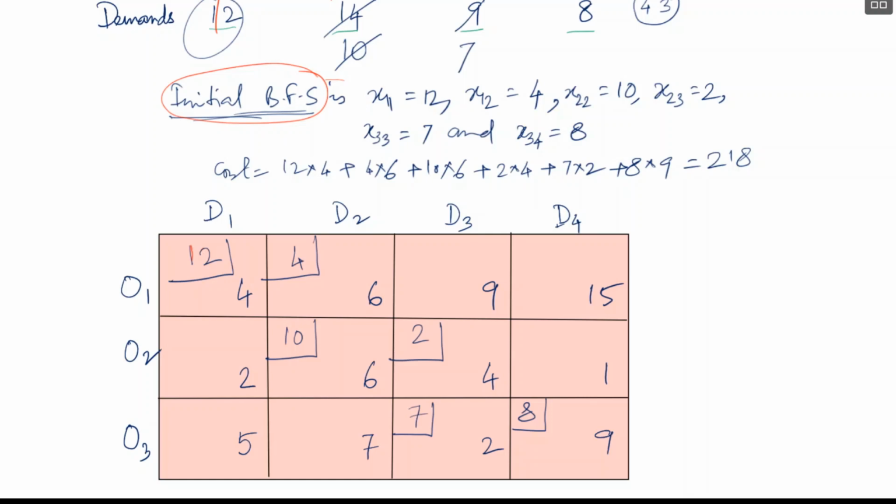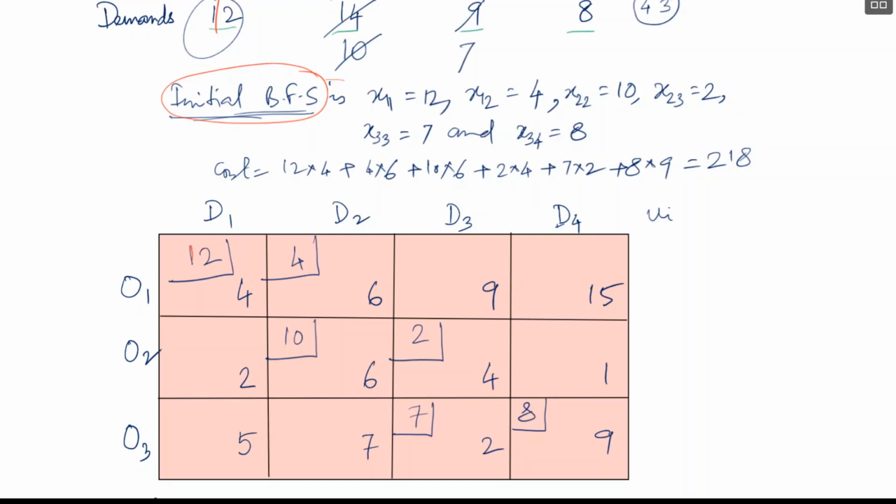Okay, now to check whether the solution is an optimal one or not, we choose some new variables. We denote them by ui and vj, and those ui plus vj's will play the role of zj in the corresponding linear programming problem.